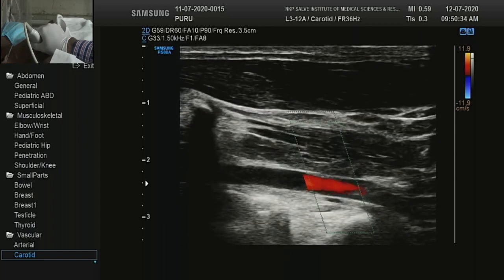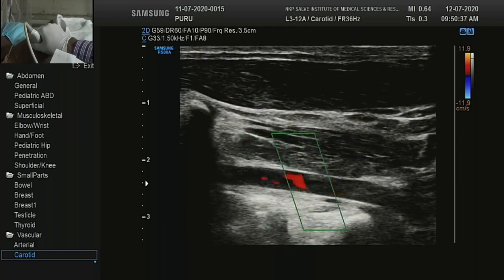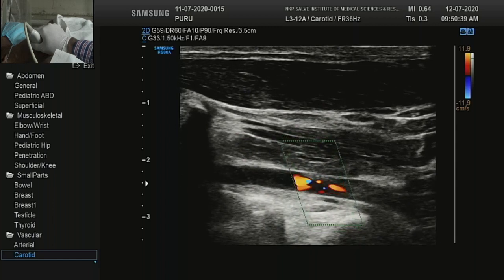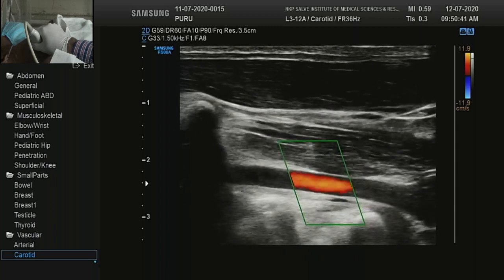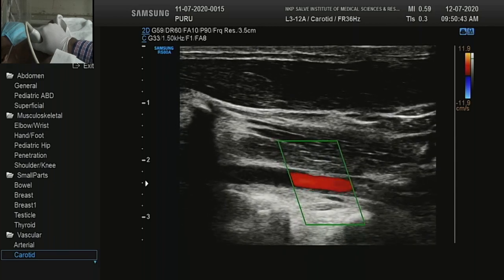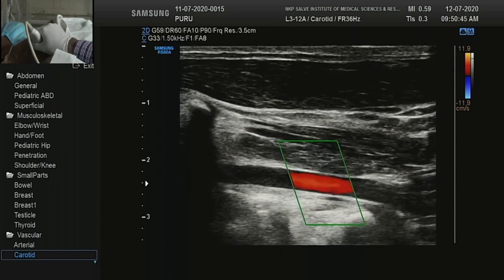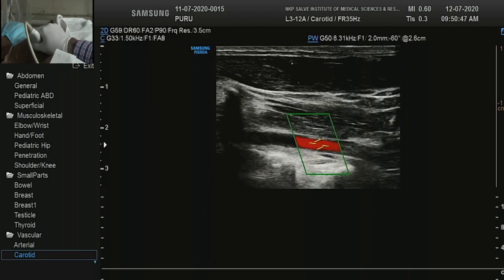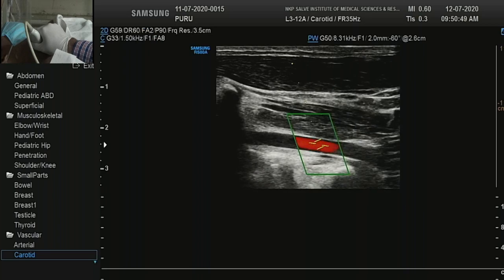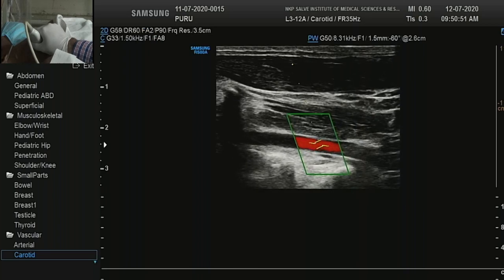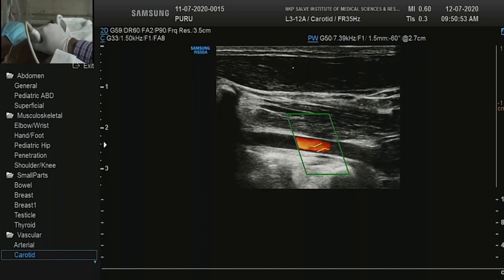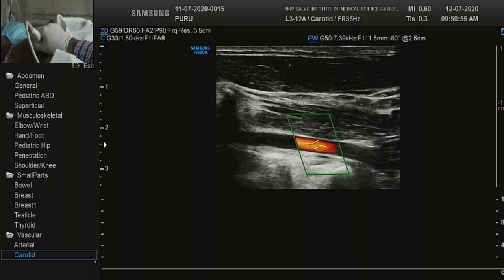So coming back to the vertebral artery, we have adjusted the box. It was already steered, so we need not steer. Now we will put a spectral Doppler. The sample volume size we may reduce a little bit so that we get correct information.